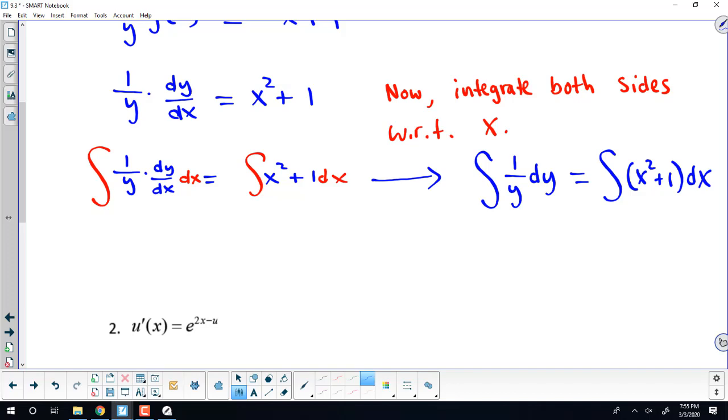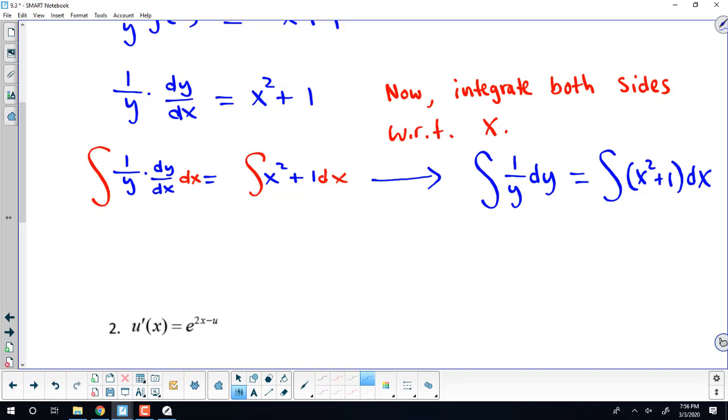Does that make sense? Anybody have any questions on what we've done? How are you integrating the left side in terms of x if there's a dy and then the dx on the right side? Say that again, sorry. How are we integrating in terms of x on the integral of 1 over y dy? Yeah, so we're integrating with respect to x, but since we have this y prime here, that's what's getting rid of the with respect to x part.